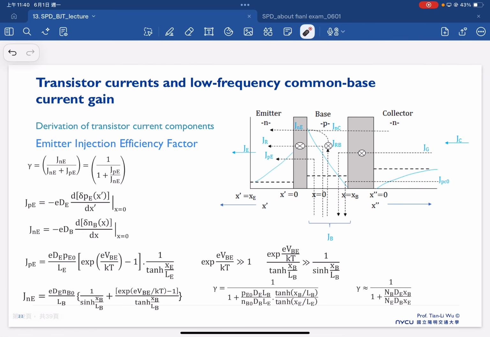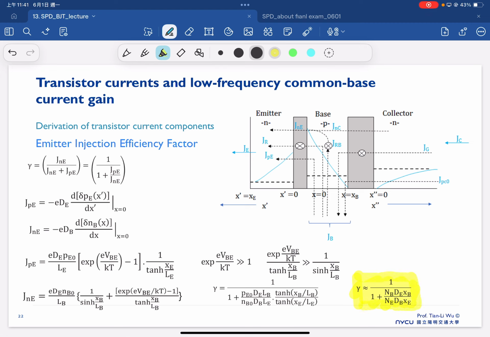So here are some more details on the calculation of the emitter injection efficiency. We start from this one, and then we can do some mathematical tricks here to estimate the JPE and JNE from this equation, and in the end we get this one.